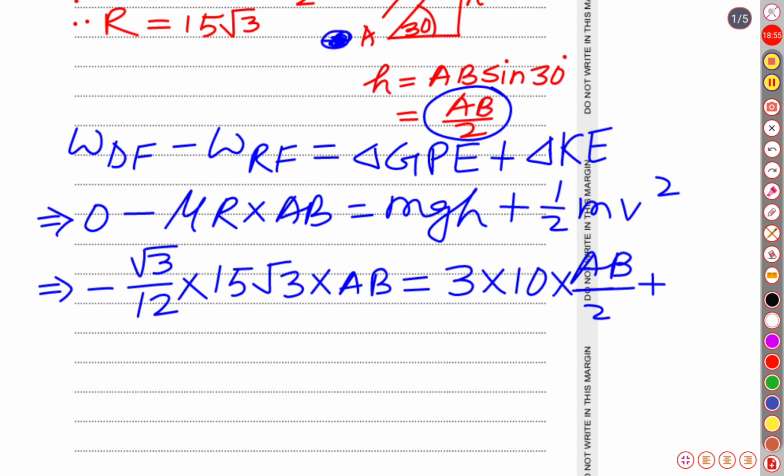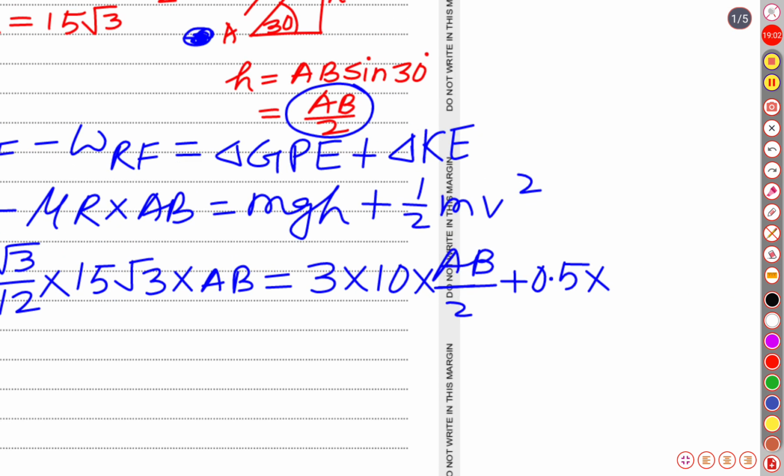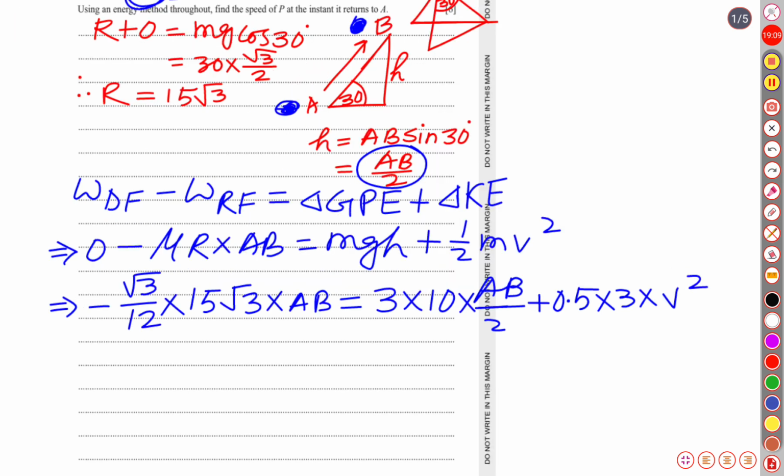Plus half means 0.5, mass of particle is 3 kg, and then v squared is to be obtained. On the left side, if we simplify, it is going to be negative 45 AB over 12. On the right side, it is going to be 30 AB over 2.